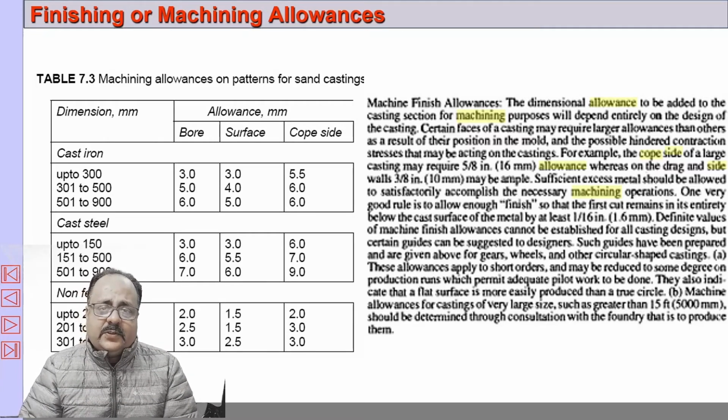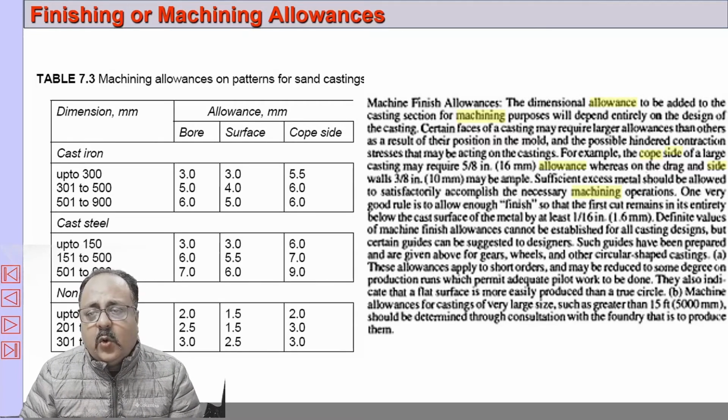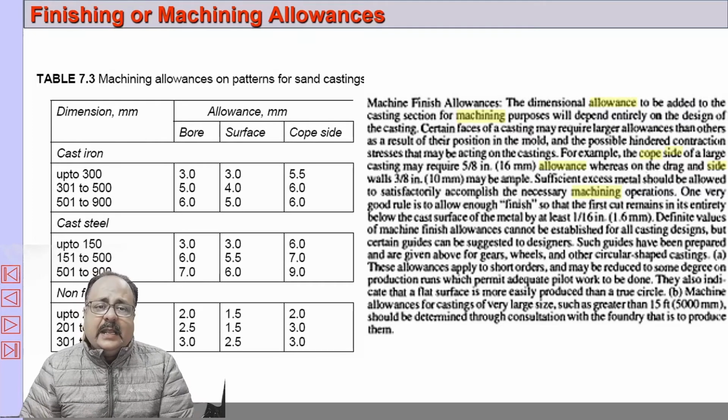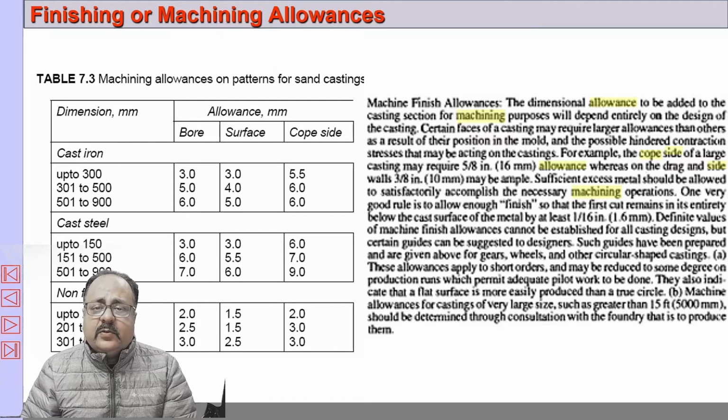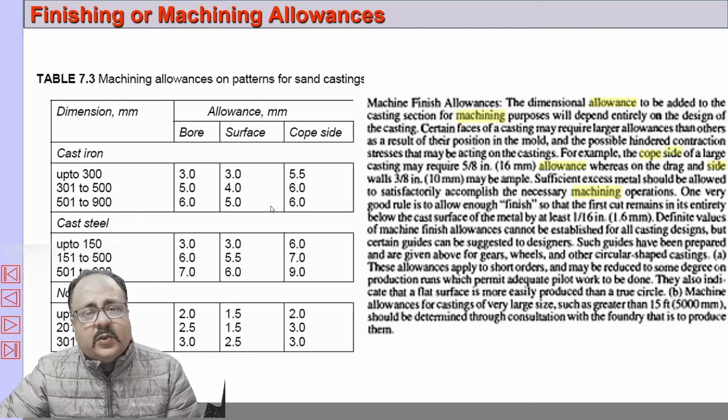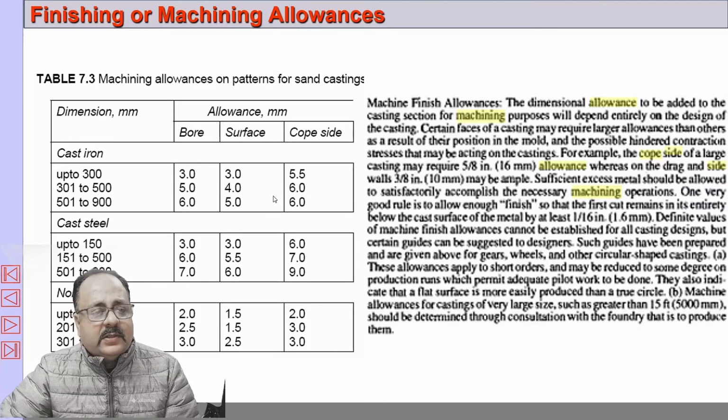Therefore, on the top surface of the casting, or the top surface of the cope, an extra machining allowance is given, because there you have to remove certain extra material which solidifies along with the metal. That extra material is mainly composed of a mixture of the metal, the slag and the impurities. So that has to be removed. Therefore, you can see on the cope side, you give extra allowances.